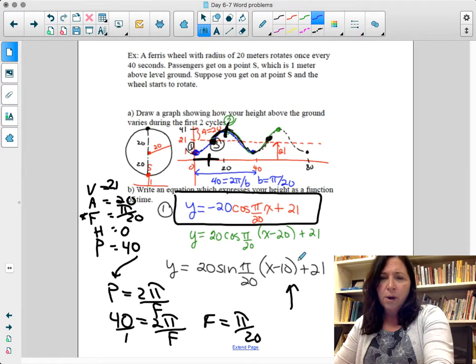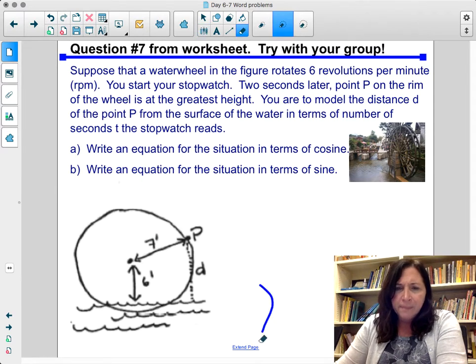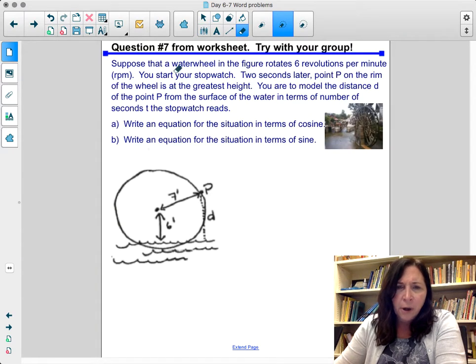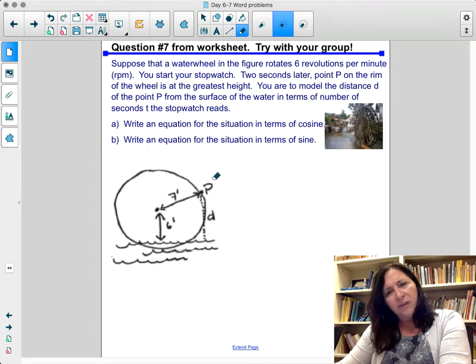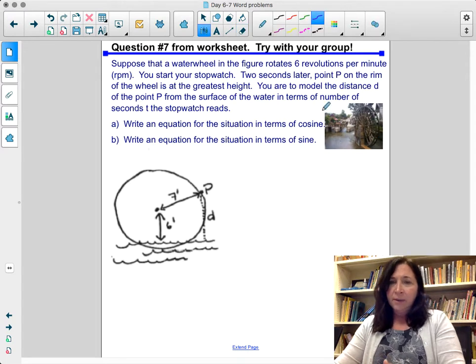Okay, so where we're at now is we're talking about this next problem. And this next problem talks about a water wheel. And I don't know if you've ever seen a water wheel, but they do have these at, I don't know, Disneyland and whatever.